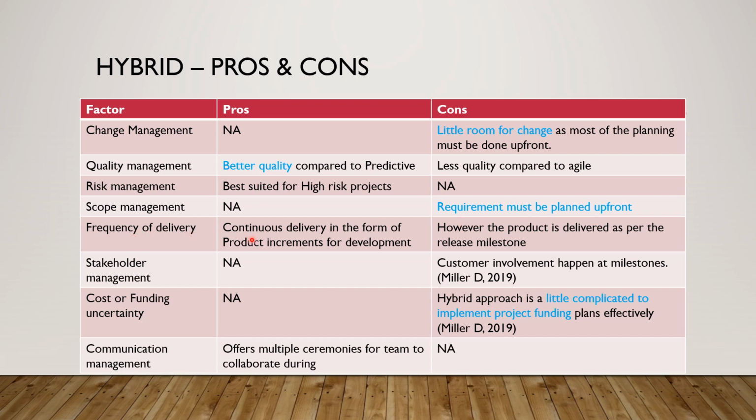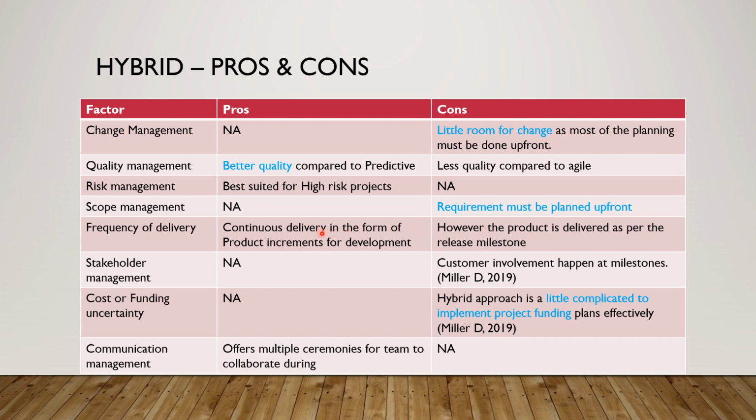Next is the frequency of delivery. Since there are uncertainties, it is very important, and the overall plan is to deliver a minimal viable product for each of the user personas. There is a need to continuously deliver the product in the form of product increments. However, hybrid has both aspects here.